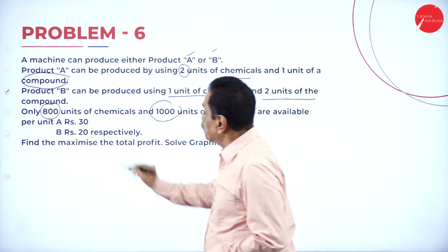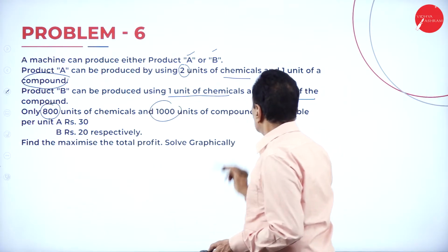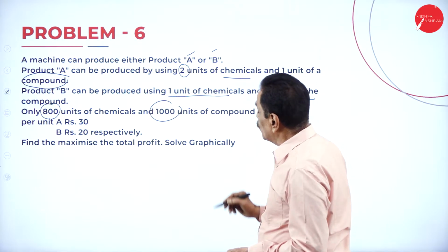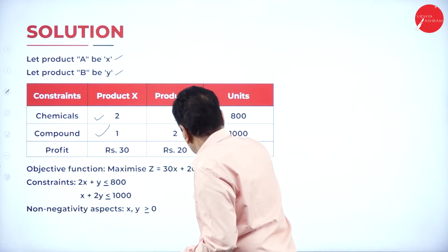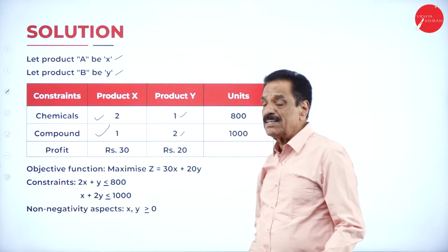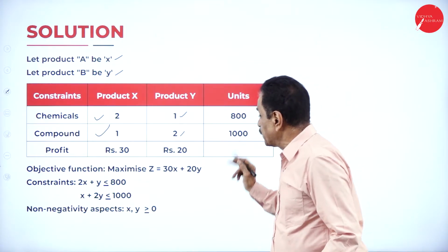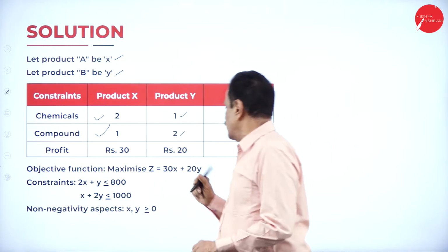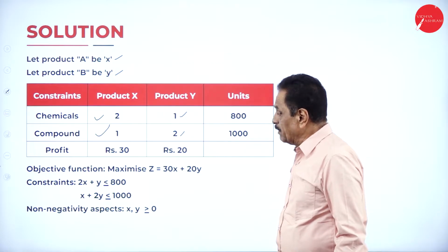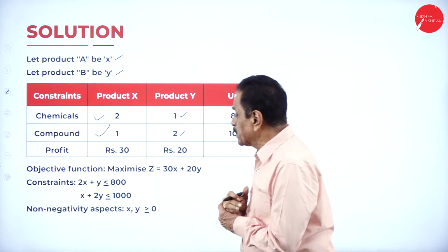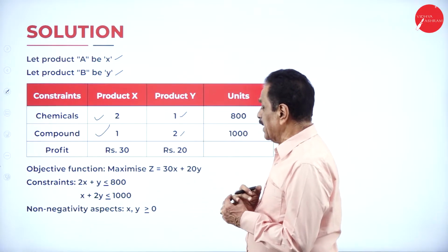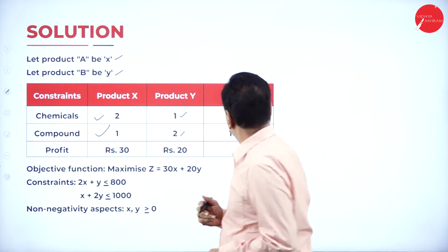Then second one, product Y can be produced with 1 unit of chemical and 2 units of compound. Very simple. So what is the maximized profit? 30x plus 20y. Constraints: 2x plus y is 800, x plus 2y is equal to 1000.